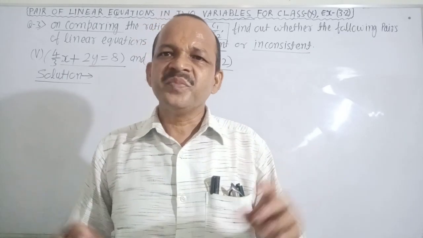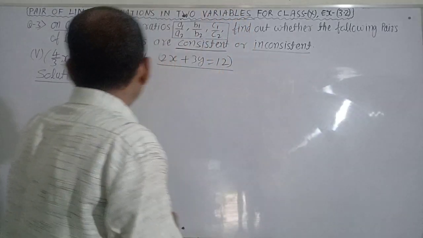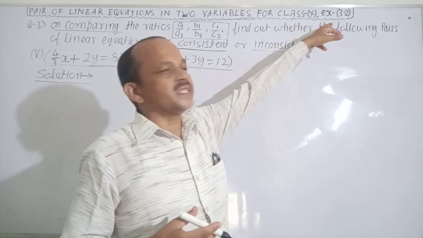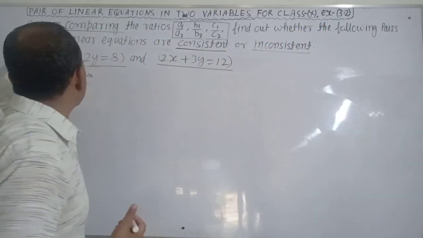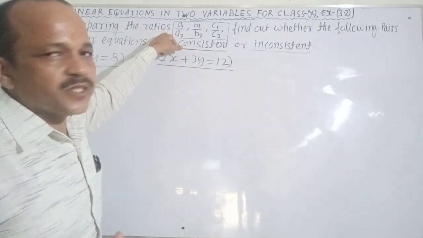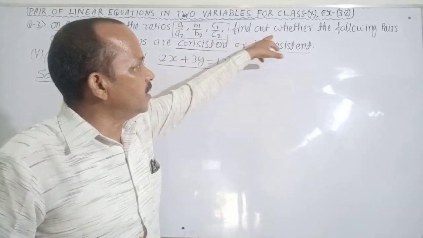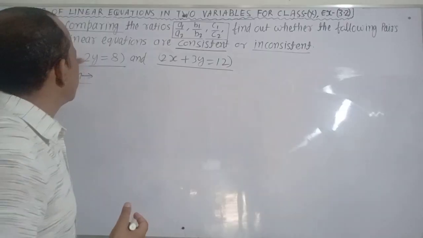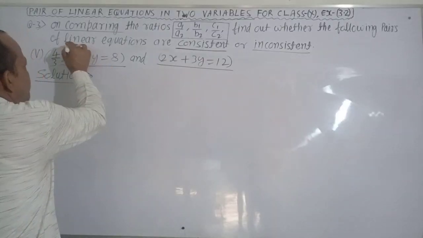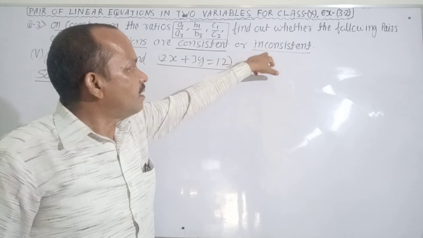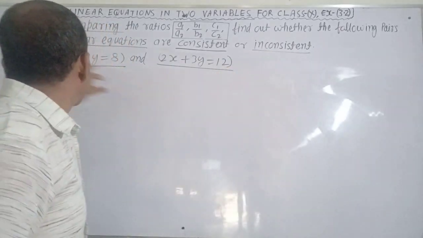Very good. See the board. Pair of linear equations in two variables for class 10, Exercise 3.2, question number 3. On comparing the ratios a1 by a2, b1 by b2, c1 by c2, find out whether the following pairs of linear equations are consistent or inconsistent.